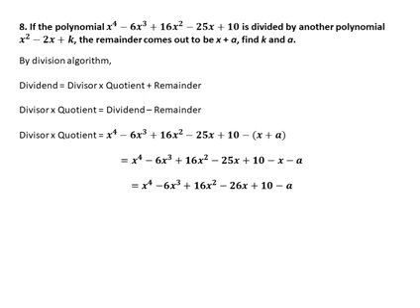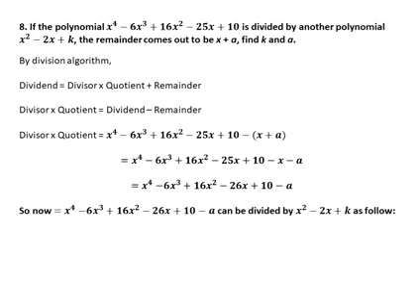Now what are the like terms? Here x power of 4, minus 6x cube, plus 16x square, we have only one term each. Next, minus 25x and minus x, two terms are there, both are like terms. If I add, what will we get? Minus 26x plus 10 minus a. That is exactly divisible.